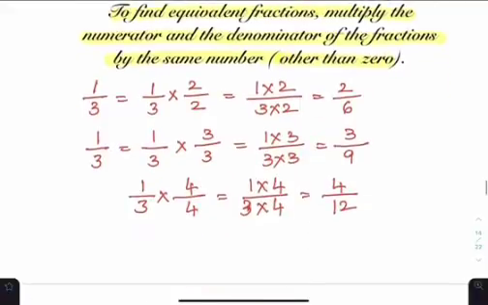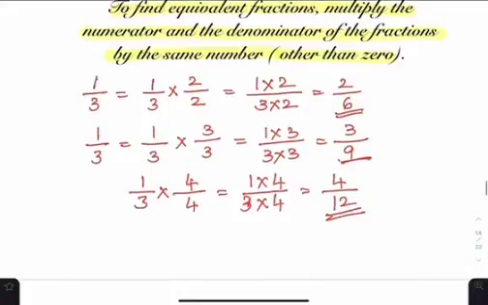So from 1 by 3, I could find 2 by 6, 3 by 9 and 4 by 12 as equivalent fractions. How did I get it? I multiplied both numerator and denominator with the same number other than 0 and hence I got the equivalent fractions. I hope all of you have understood, children.